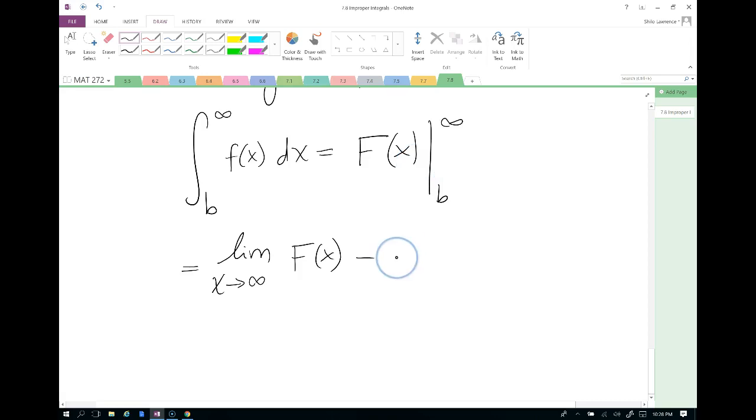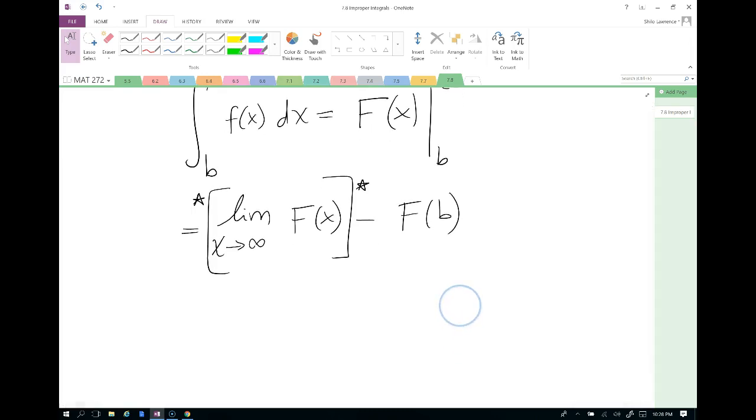But b is a good endpoint, so we can do minus F of b. So this is the piece where we'll have some work to do. And we're back to limits here, figuring out limits.